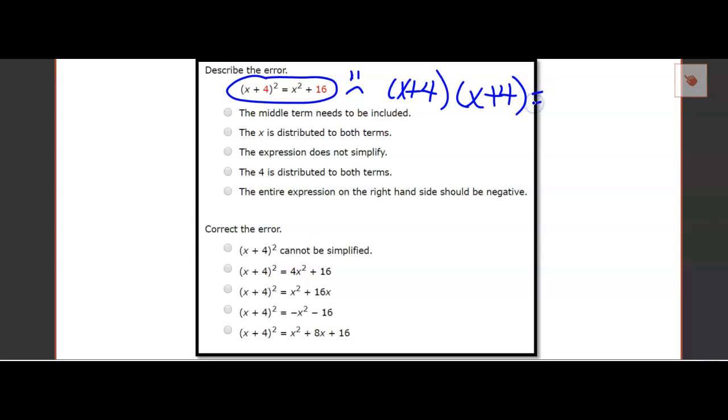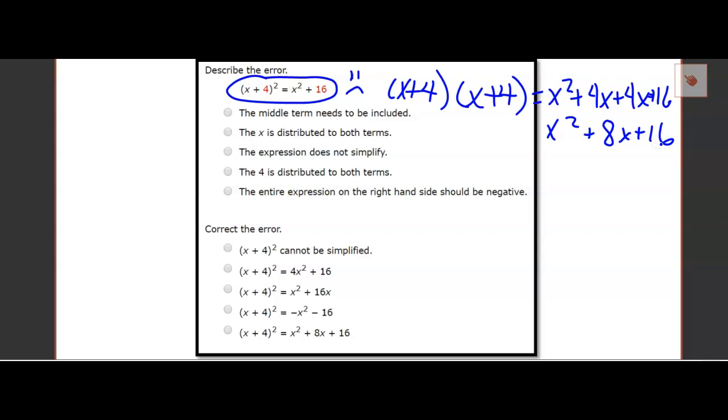Well, if we actually did the FOIL method to multiply this out, I'd get x squared plus 4x plus 4x plus 16, which would give me x squared plus 8x plus 16.